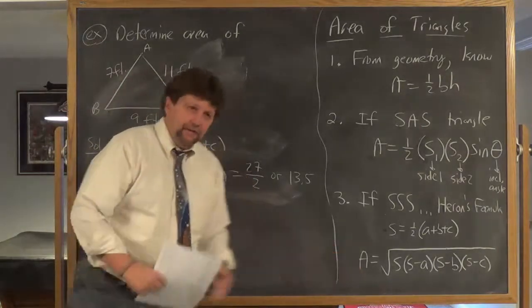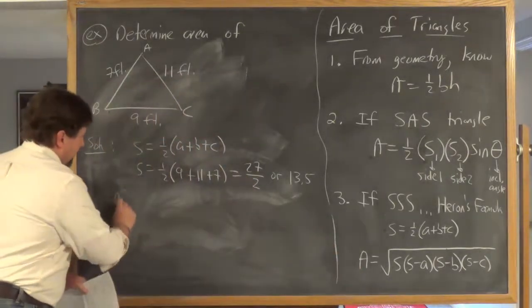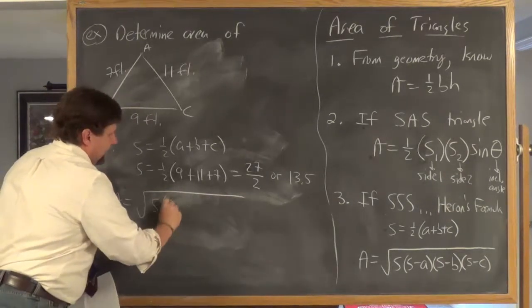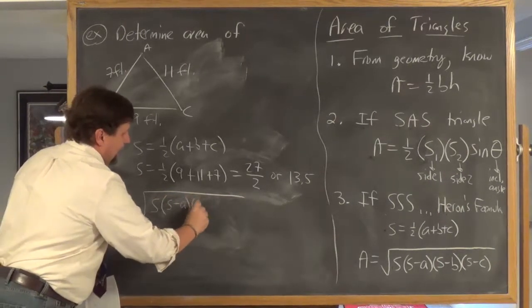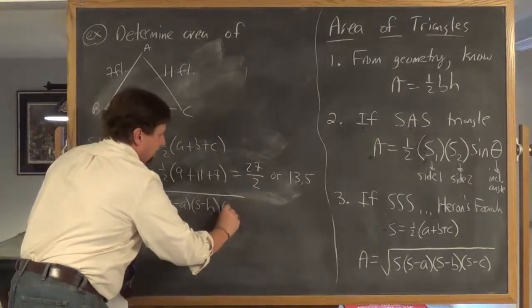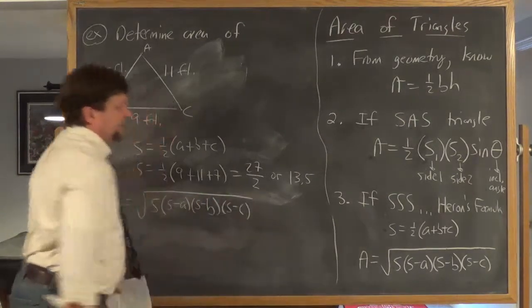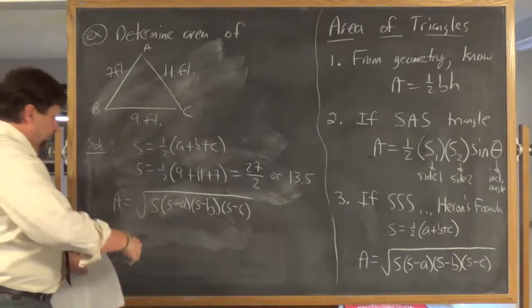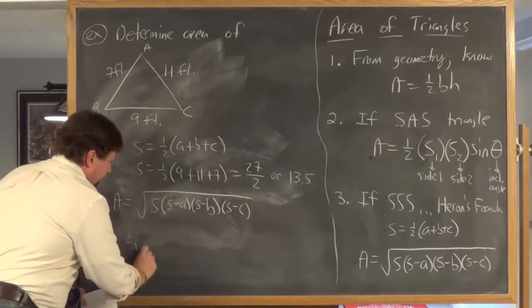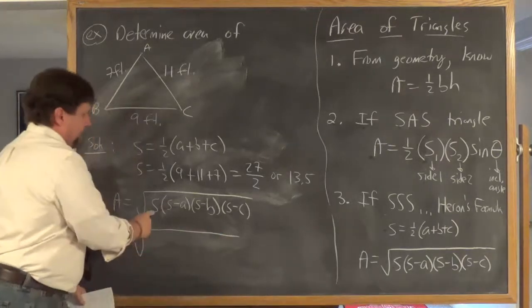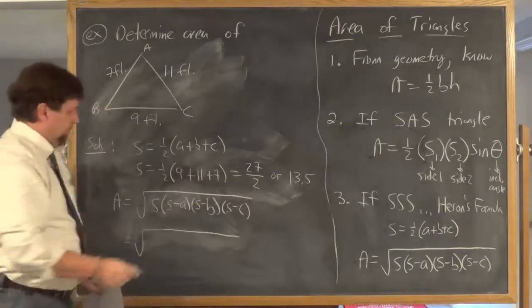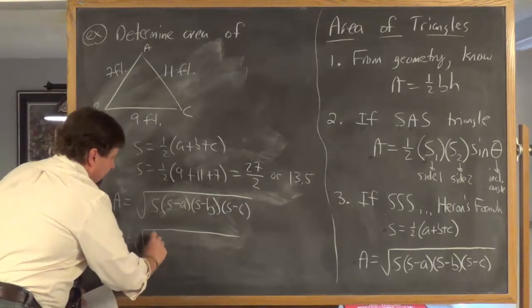Now I'm ready to use Heron's Formula. The area is the square root of S times S minus A times S minus B times S minus C. Remember, all of that is under the square root. I substitute in everything I know. The semi-perimeter is 27 halves, and I'll use the decimal 13.5.